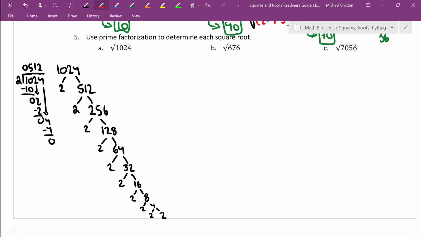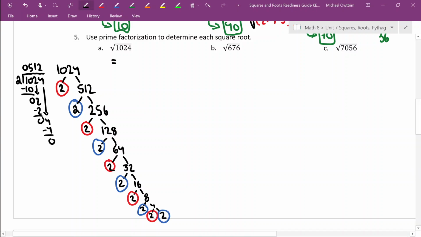Okay, so now that we have our prime factor tree, we can go ahead and select every second factor to form our 2 equal groups. So for our red group, we've got 2 times 2 times 2 times 2 times 2.